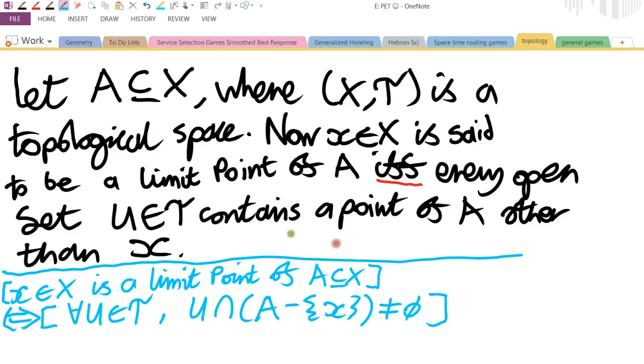So this says the same thing as what's written in black above. It's a more compact way of defining what a limit point is.